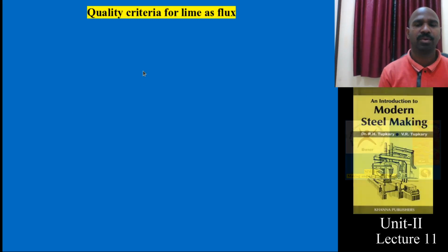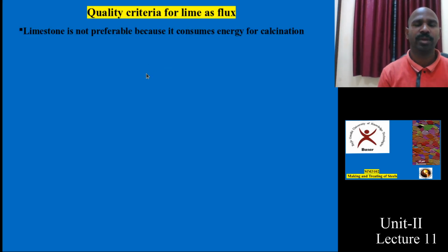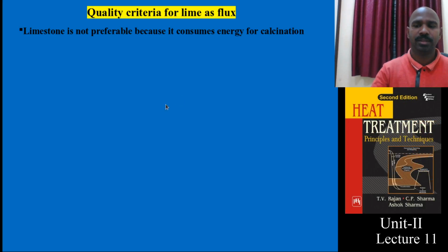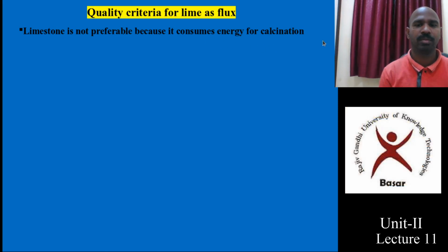Coming to this, lime plays a very important role. So what are the characteristics of lime? Usually, direct usage of limestone is not preferred because you need to dissociate limestone into lime.